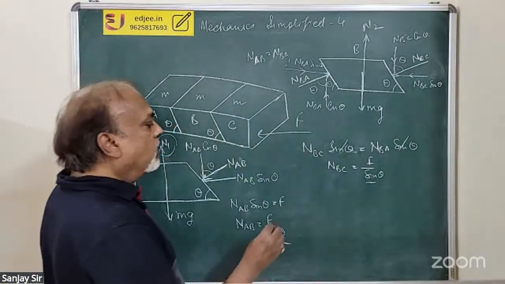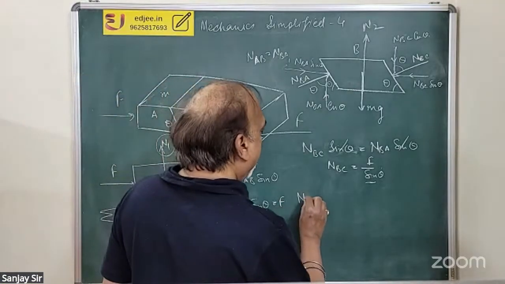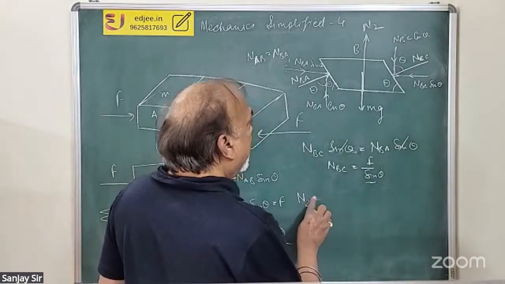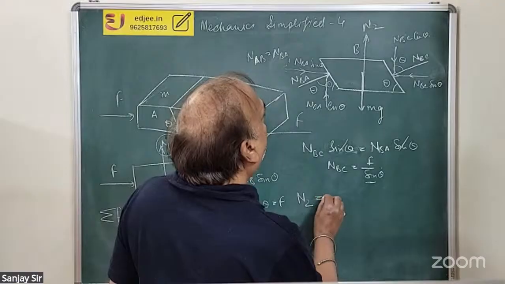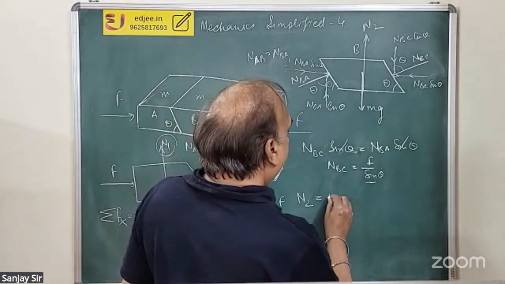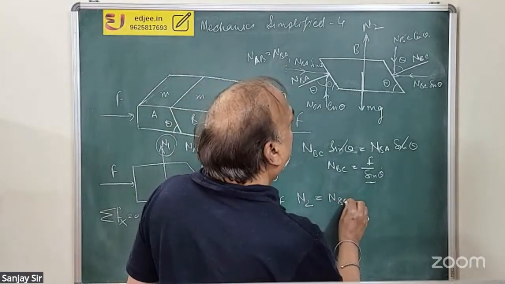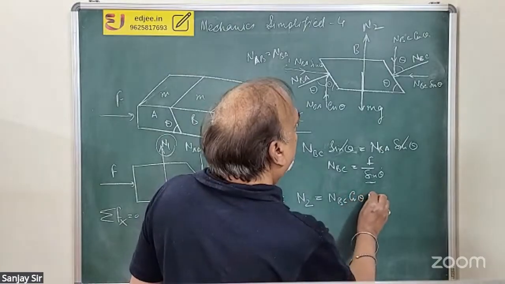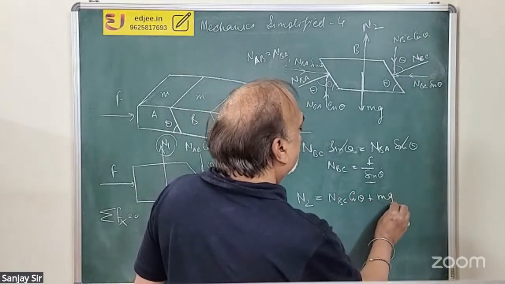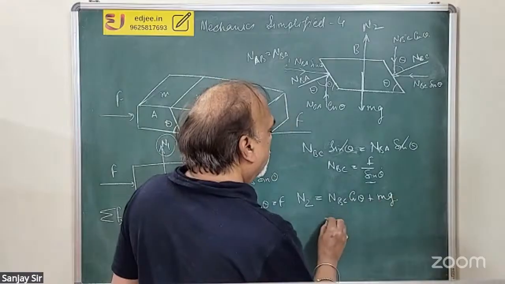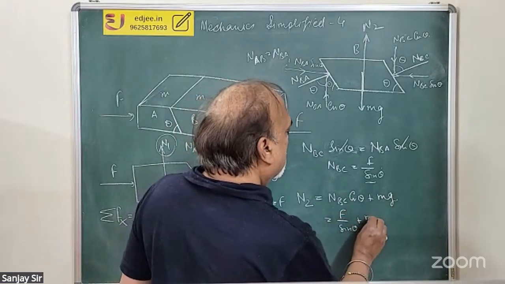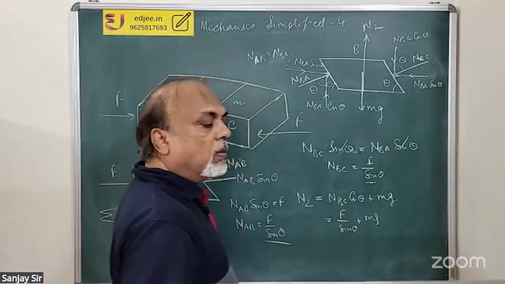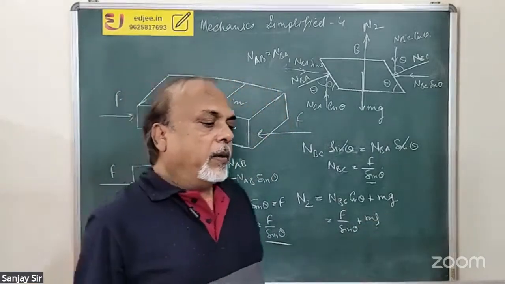Then what about N2? N2 will be equal to NBC cos theta plus mg. NBC, now you know, is F upon sine theta. Correct?